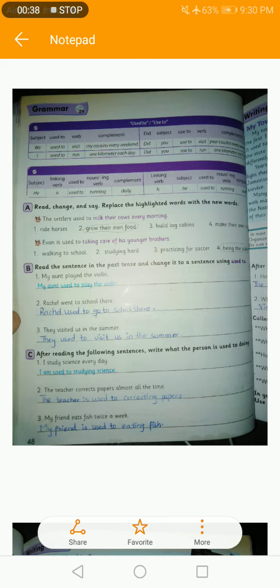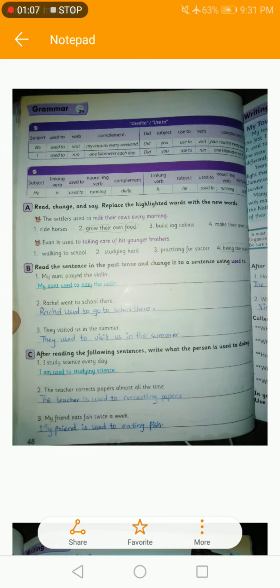In this page we have exercises of the grammar portion, use of used to and be used to. We have exercises A, B and C. In exercise A we have to change the highlighted words with new words. Look at the first one: The settlers used to milk their calves every morning.